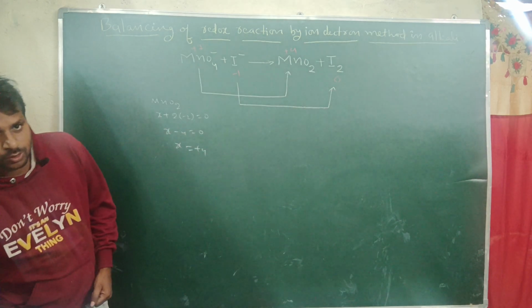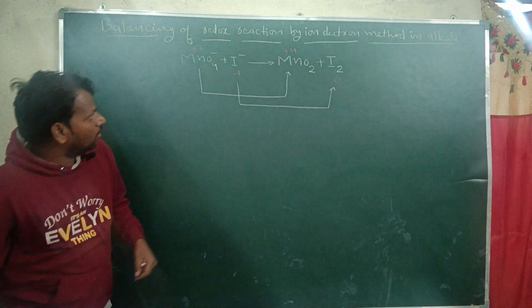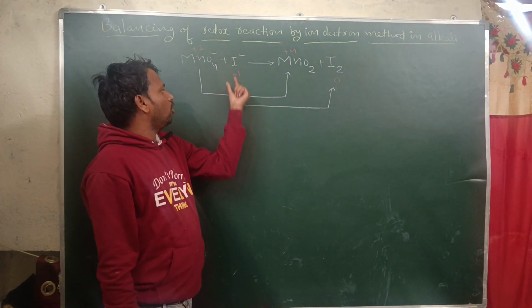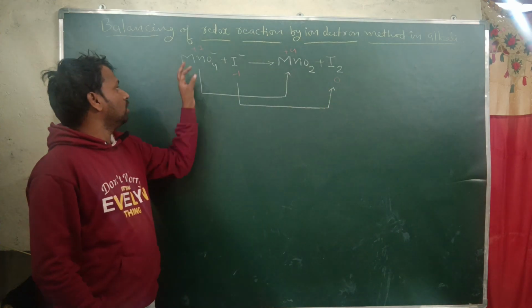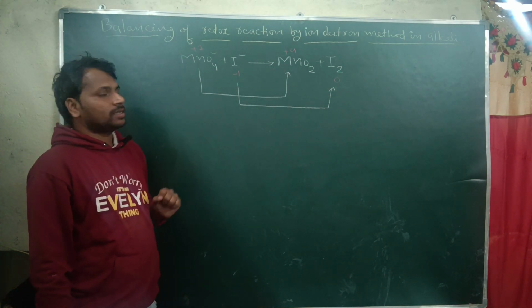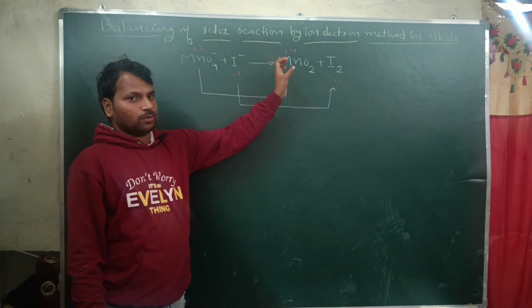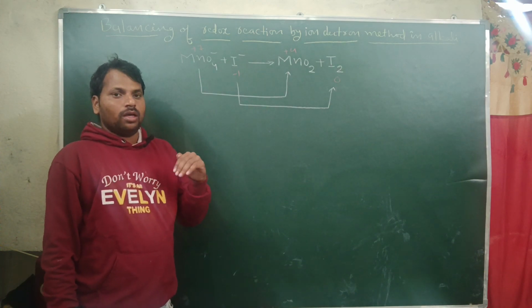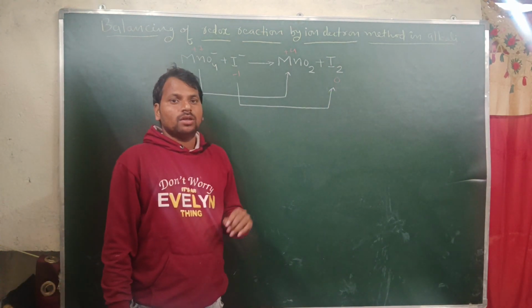So what happens here? Manganese undergoes a reduction reaction, iodine undergoes an oxidation reaction. Why? In the case of manganese, +7 to +4 is a decrease in oxidation number, which is said to be reduction, and an increase in oxidation number is said to be oxidation.